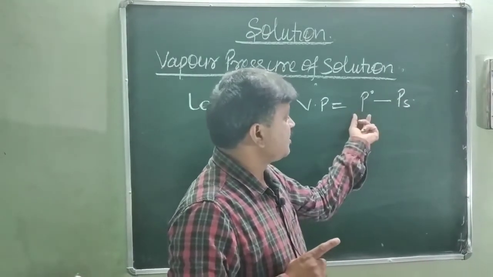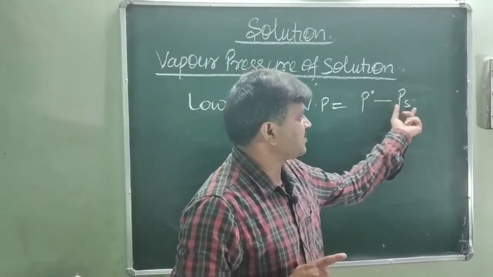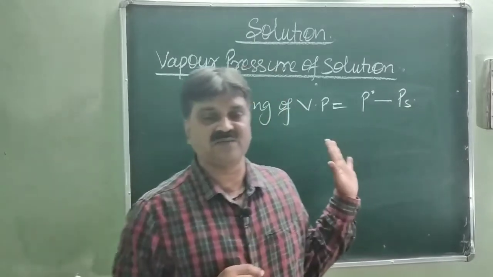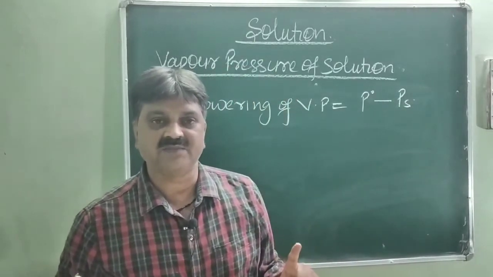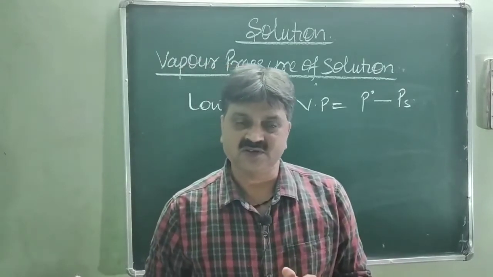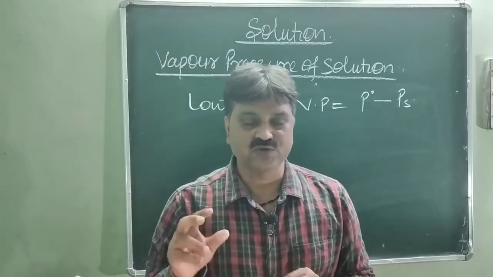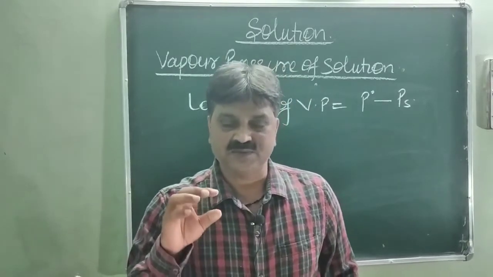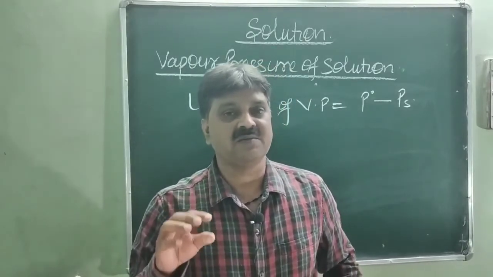This P naught decreases when it becomes the solution. PS is the solution. So one thing is clear from this equation: the vapor pressure of the pure solvent is always greater than the vapor pressure of the solution, because in the solution both particles are present, the particles of solute as well as the particles of solvent.